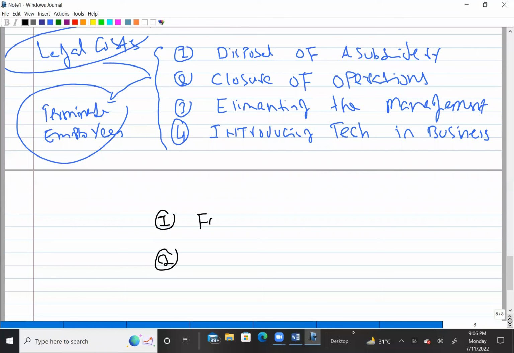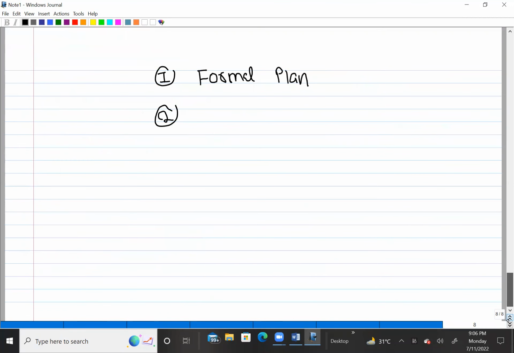Number one, there must be a formal plan. A plan has been finalized. Plan means we have identified the area of the business which is going to be affected, the employees who are going to be affected, and the estimated cost of carrying out such restructuring. All those things are finalized and they have been approved by the BOD, Board of Directors, or relevant authorities.